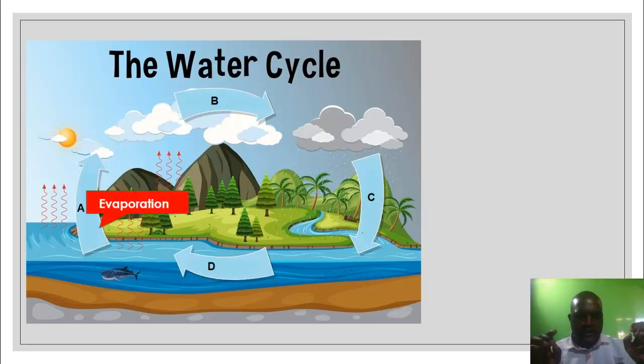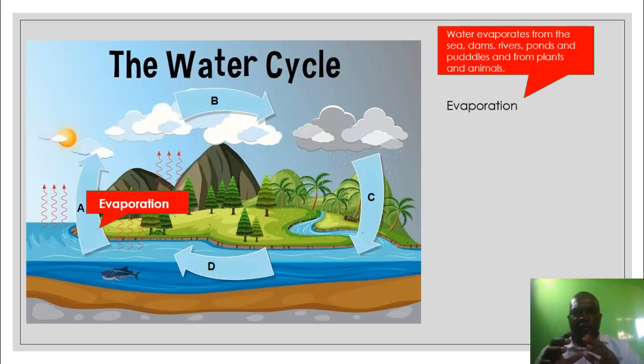At A, there is evaporation. Okay, and what is evaporation? Evaporation takes place from the sea, the dams, the rivers, the ponds, and the puddles, and even from plants and animals. Water is changing from what? Water vapor. You can see that water is rising up, okay, as water vapor.